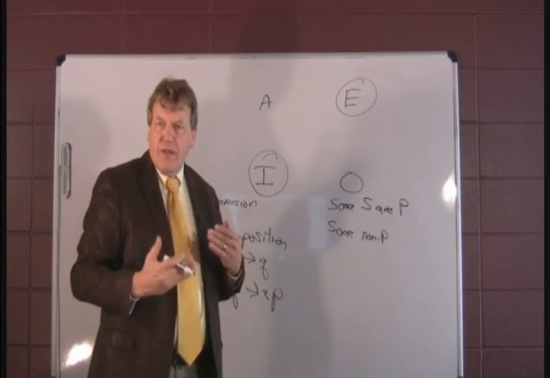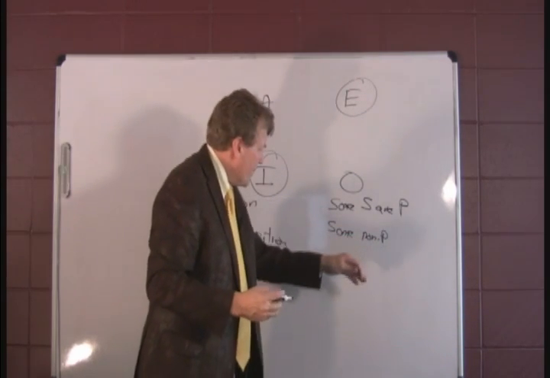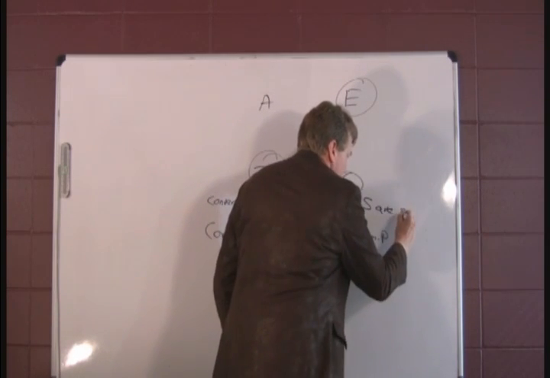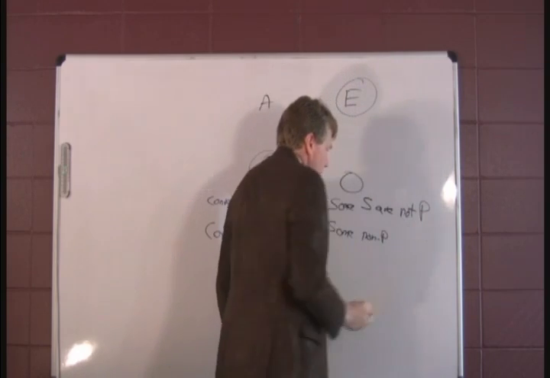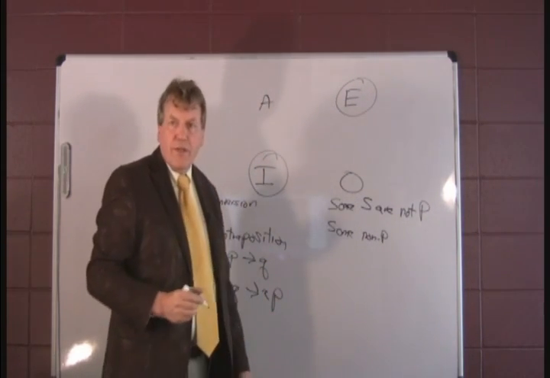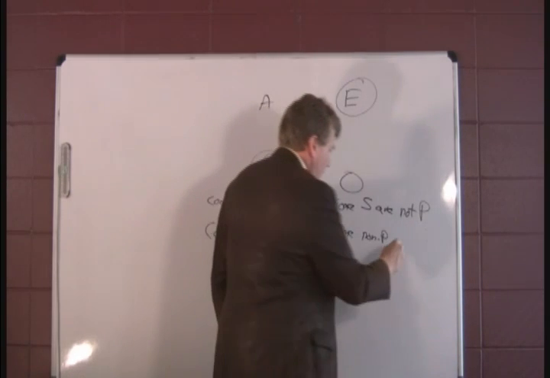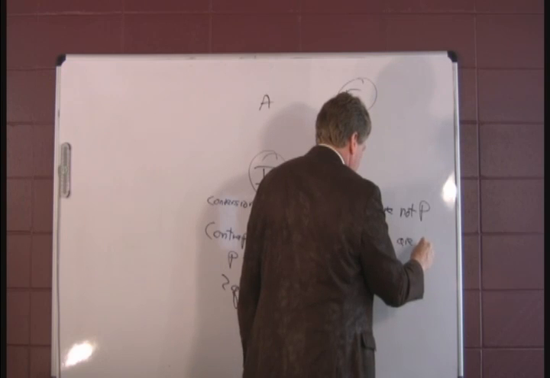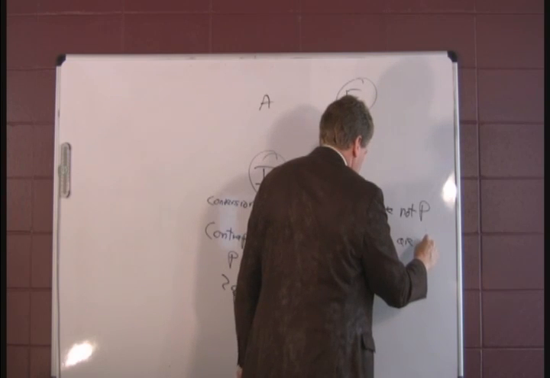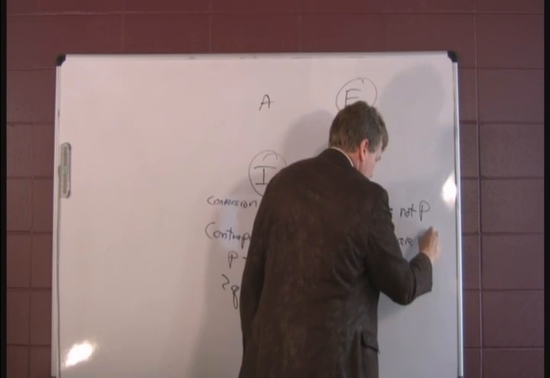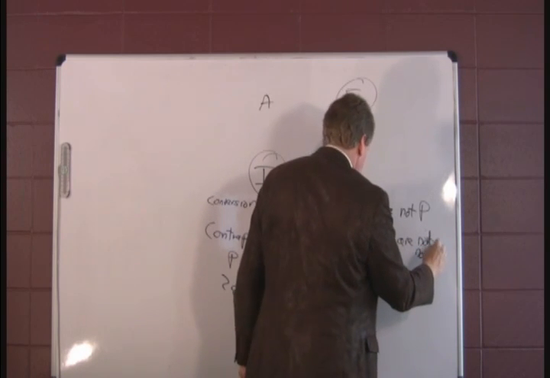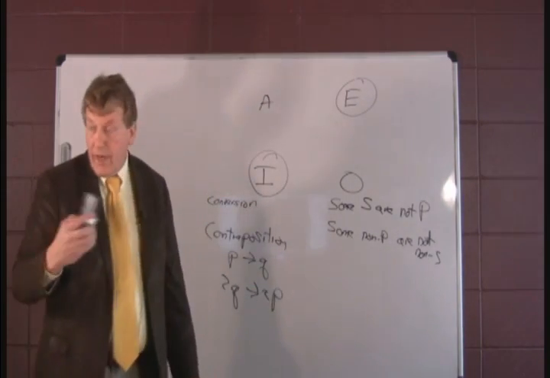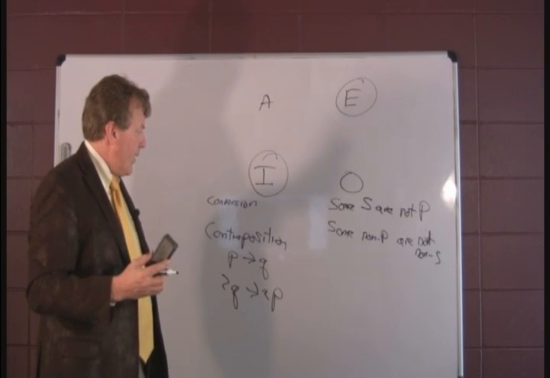Now, but then we have to negate the entire thing. Some non-P, I'm sorry, this has got to be not here. So we got to convert this to some not P. Some A's are not P. Some non-P are not non-S. Okay? So you have a contrapositioning that way.